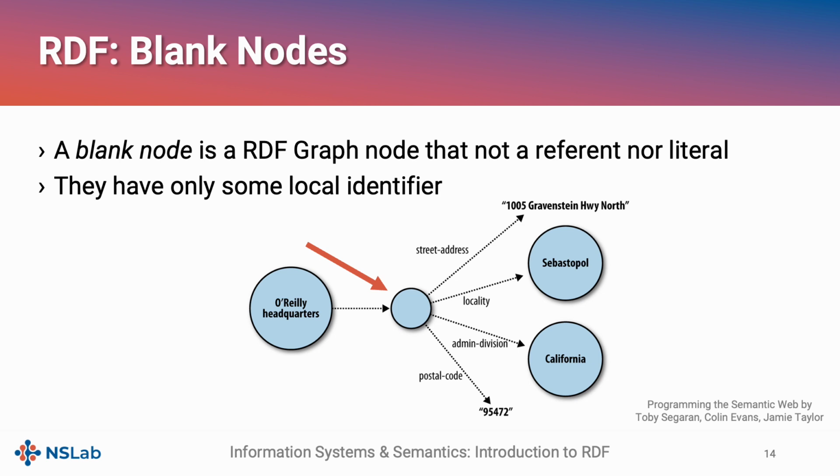And this information together needs to be glued together, and it's done using this blank node. But we do not need any identifier for the address as it is. We just need to know its parts. So we use this blank node.